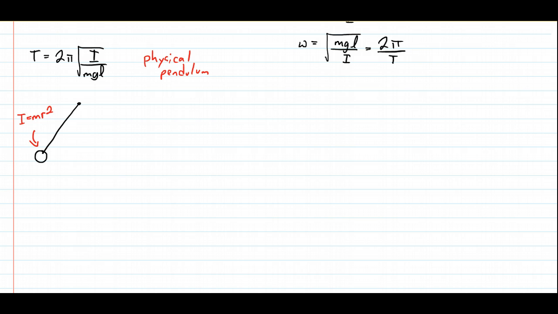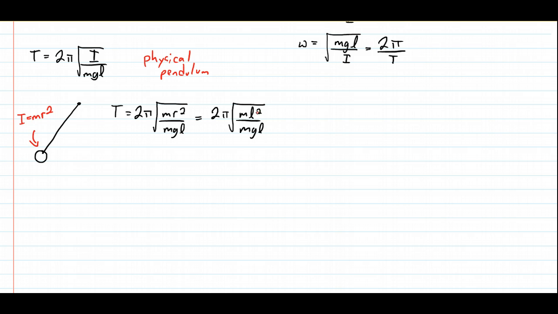So if we substitute that back into our equation, we get T equals 2 pi square root of mr squared over mgL. But again, remember our radius is length, so we can say 2 pi square root of mL squared over mgL.